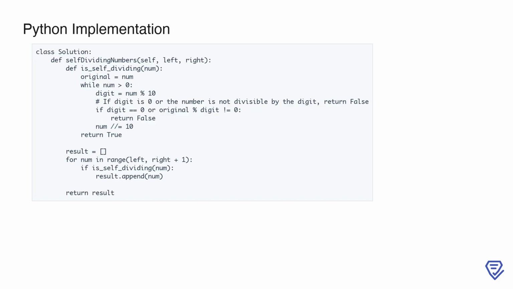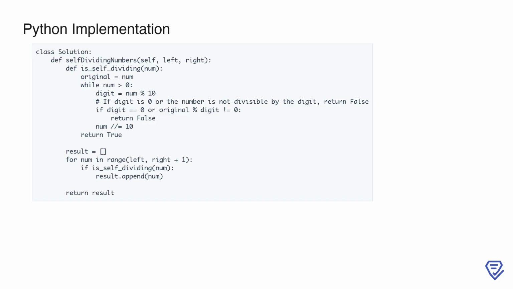Key steps. 1. The helper function is_self_dividing checks a number digit by digit. It uses modulo (%) to extract the last digit and integer division (//) to remove the last digit. If any digit is 0 or the number is not divisible by one of its digits, the function immediately returns false.